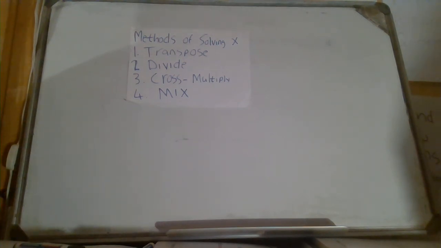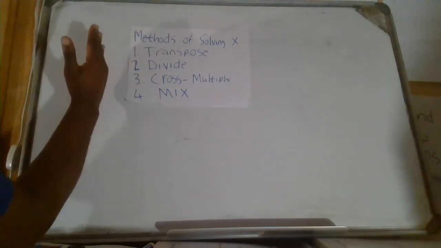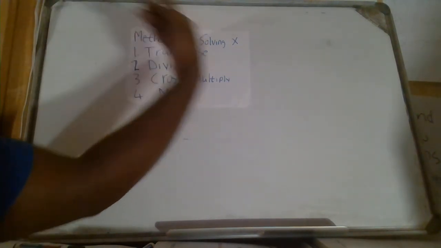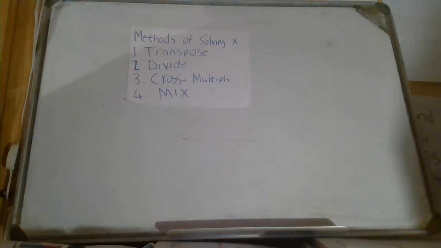And then there were other things that we had to do sometimes in order to make things happen. All right, so transpose, we use when terms are separated by plus or minus. Divide, we use if terms are separated by a multiplication sign. And cross multiplication, we use if we have a fraction on one side and a fraction on the other side. And then in other cases we use a mix.